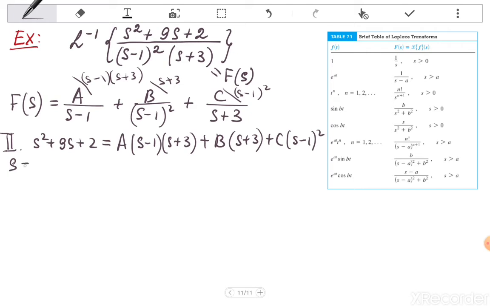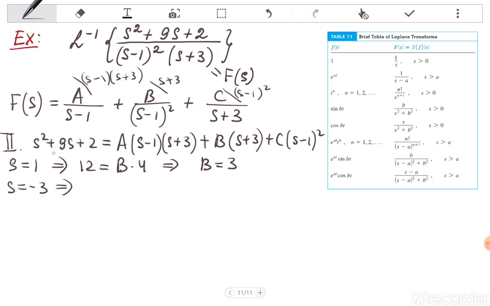Of course, the value to make some terms zero is s equals 1. In this case, we have on the left hand side 1 plus 9 plus 2, which is 12. The coefficient of a is 0 now, the coefficient of c is 0, and we have just the coefficient of b, which is 4. So we find immediately b is 3. Then we take s equals minus 3.